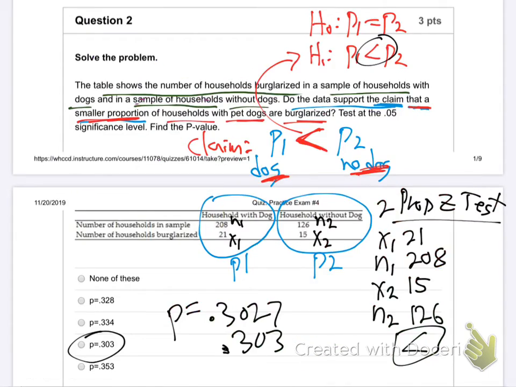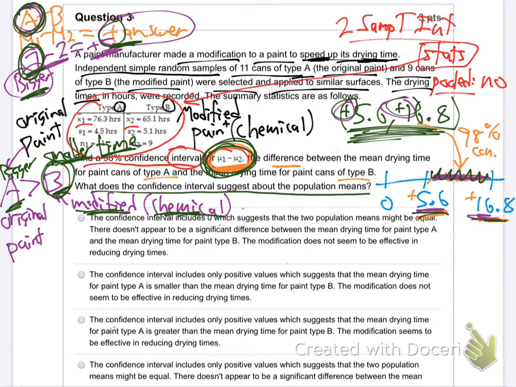That's what we said. A is bigger than B. Mu1 is bigger than mu2. A is mu1, B is mu2. Mu1 minus mu2. Mu1's bigger. A is bigger.